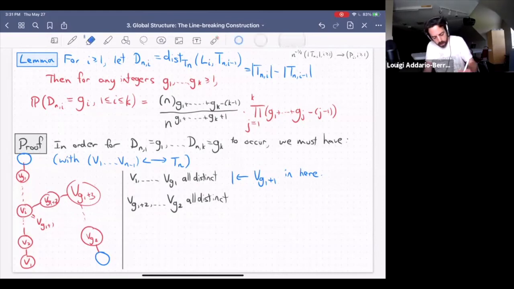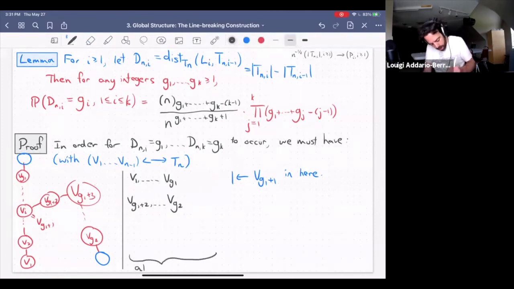Okay, so maybe let me say that all of the values I'm writing over here on the left have to be distinct from one another. So all of these values should be different. And then because after this number of steps, g2 steps, we're asking to finish a second branch, it should be that we see another repetition.